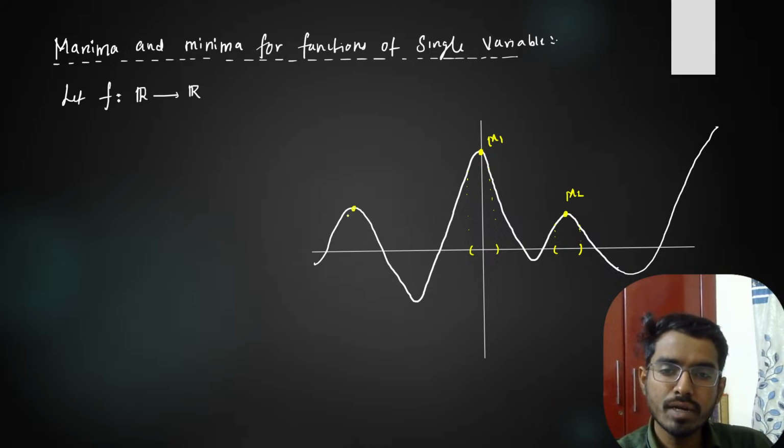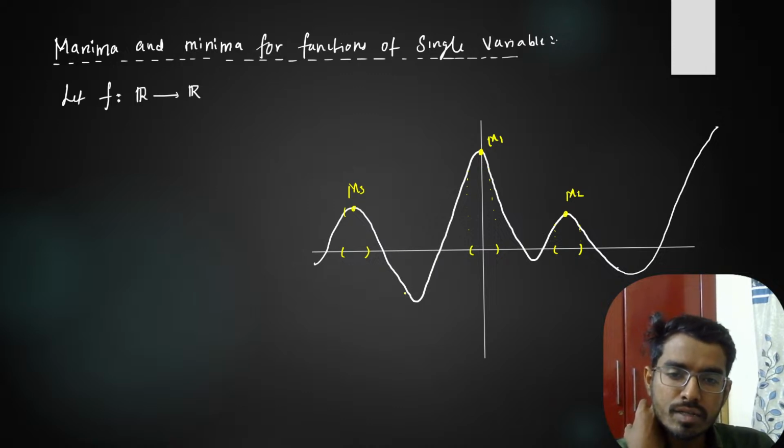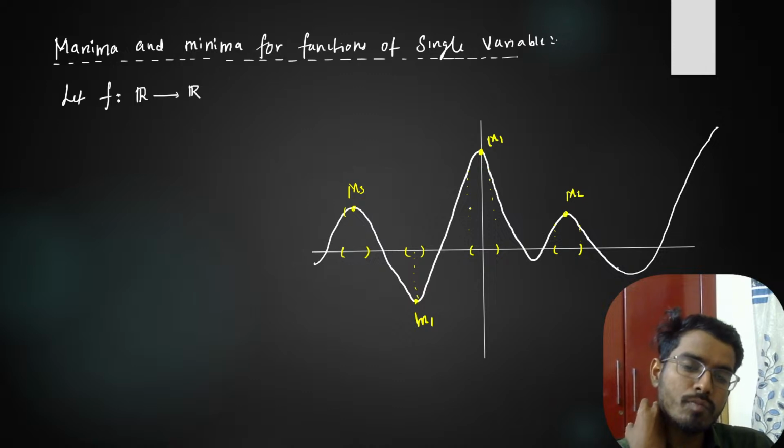When you consider this interval, this is again a maximum value. When you consider this interval, this is one minimum value, which I'll write as small m1. When you consider this interval, there is again one minimum value, m2.